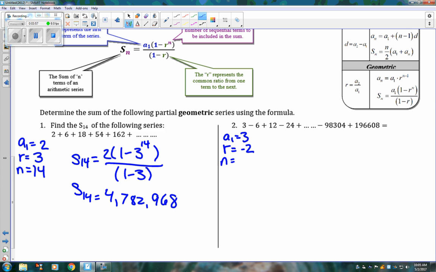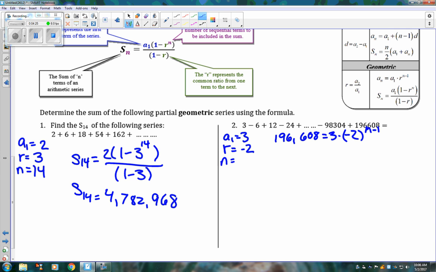Yes. To find n, I'm going to use the explicit form of my geometric series. So I'm going to have 196,608 is equal to my first term, which is 3, times my r, which is negative 2, to the n minus 1 power.